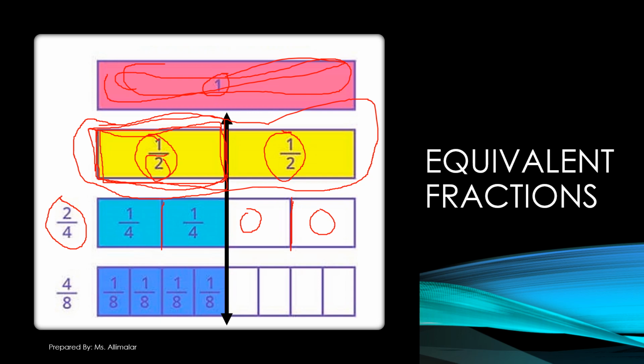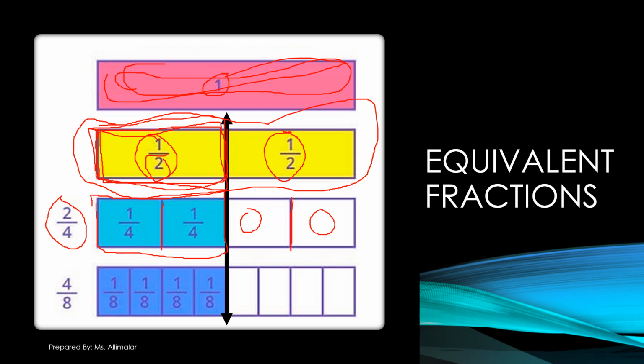Just add the top numbers, which is the numerator. So 1 plus 1 you will get 2. Denominator is 4. You shouldn't plus 4. So the answer is 2 over 4, which means 1 over 4 plus 1 over 4 is 2 over 4, correct?